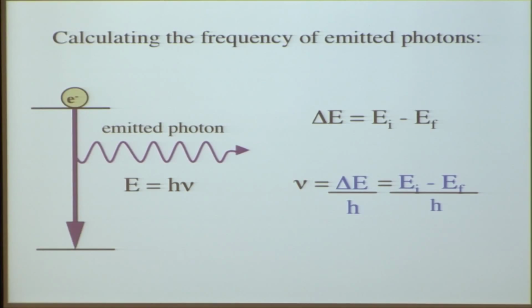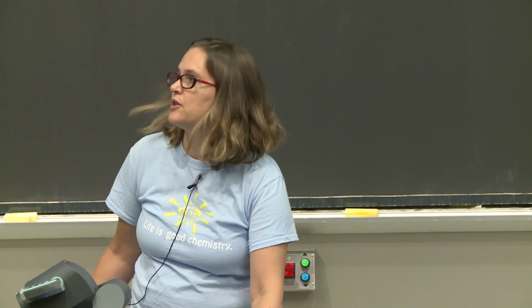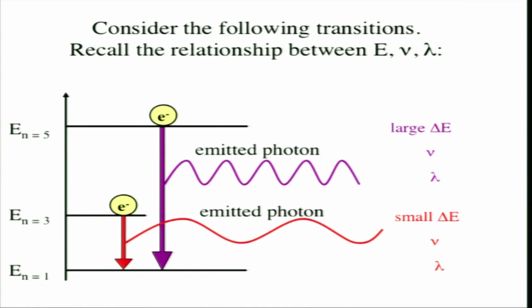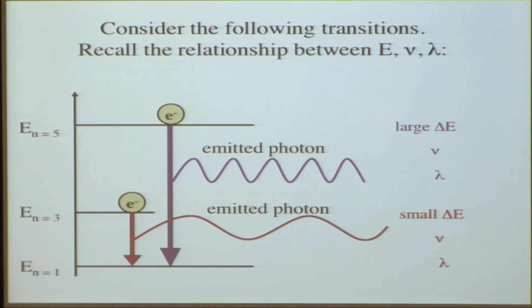So let's think now about what we might expect in terms of frequencies and wavelengths depending on the energy difference between the two different states. Here, if we think first about this electron with the purple line, we have a large energy difference between this state and this state down here, between n equals 5 and n equals 1.